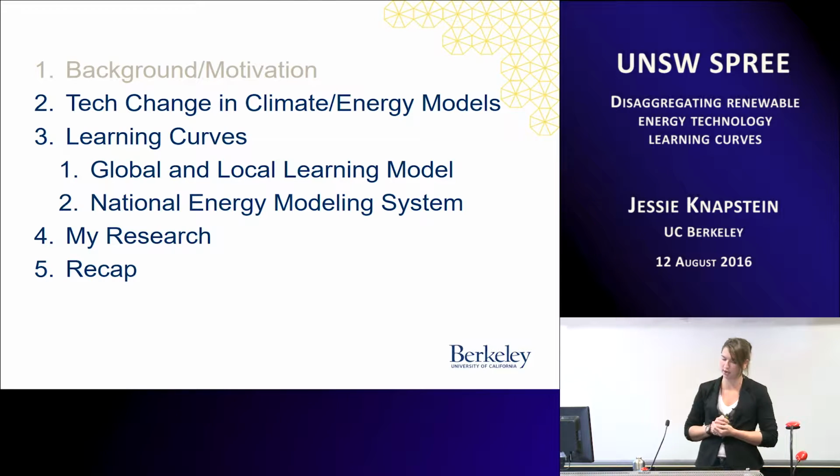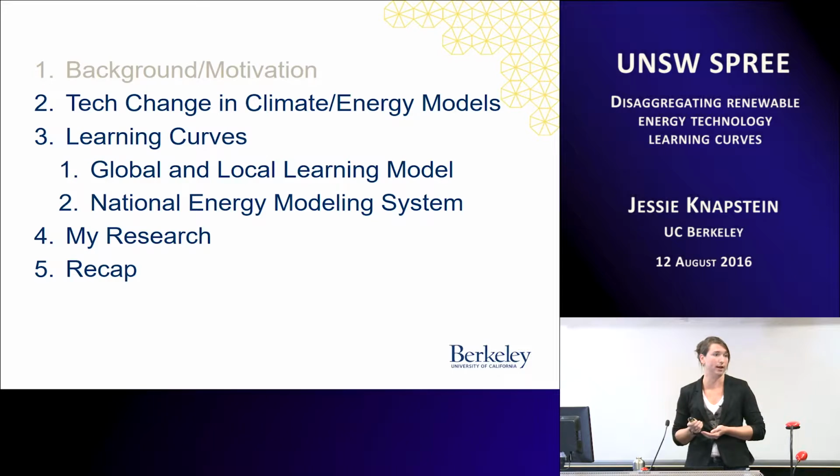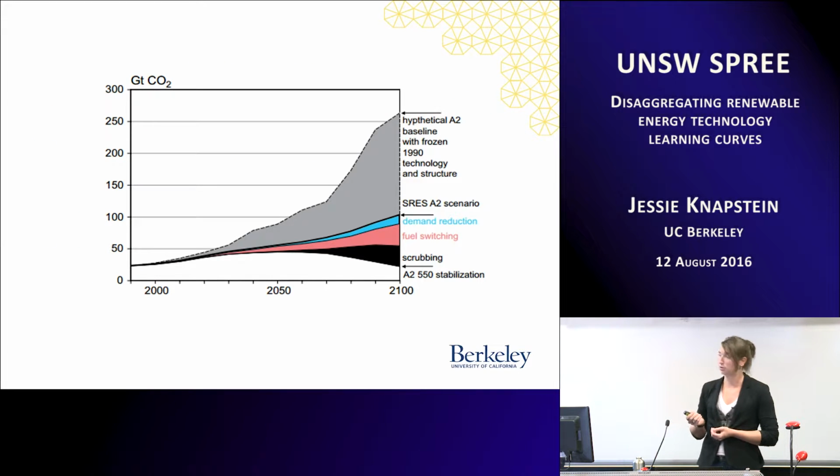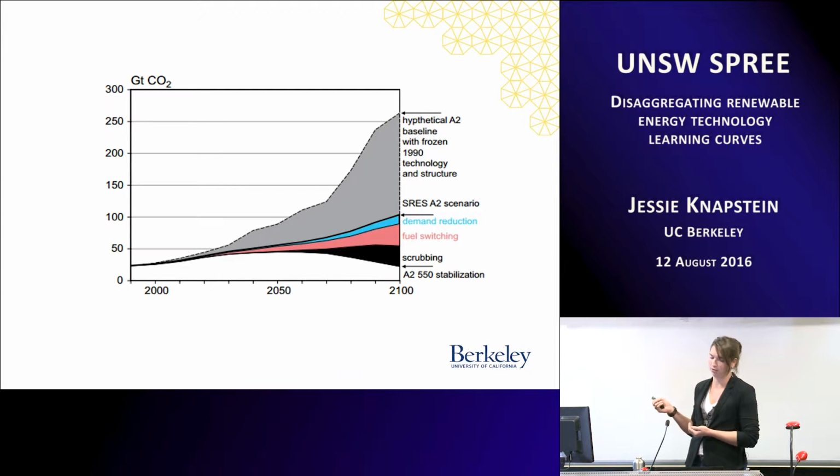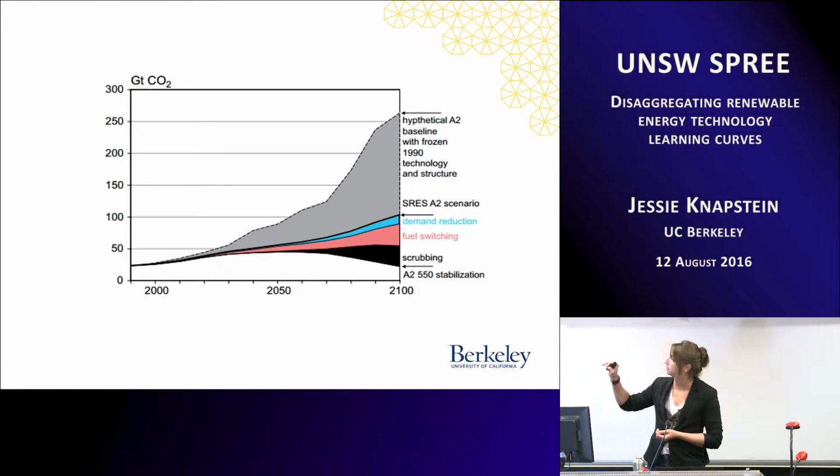So next up, tech change in climate and energy models. How do we think about technology and learning today in our models? Technology has a huge impact on the overall achievability of all of the emission scenarios that we've put forth so far. What you're looking at in the graph is the IPCC Special Report on Emission Scenarios, and that gray area is the technology included in the baseline.